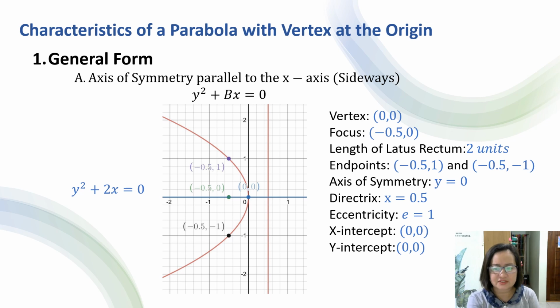While the length of the latus rectum is 2 units, its endpoints are (-0.5, 1) and (-0.5, -1). The axis of symmetry is y equals 0, while its directrix is x equals 0.5. Since it passes through the x and y axis at (0, 0), the graph has an x-intercept and a y-intercept, which is the vertex itself.